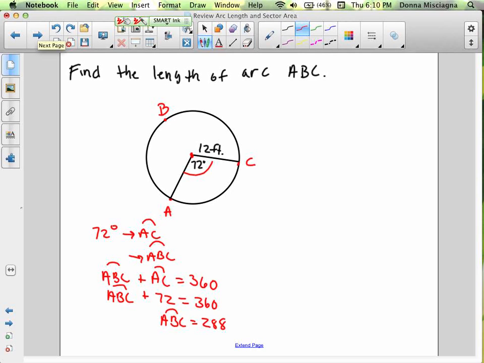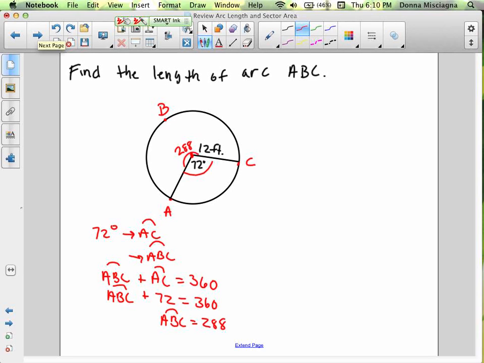Yes. I took away the 60 and then how much more, but for some reason I took it off of the wrong number. So 288. And if we check, if I add 72, that would be 360. So that's correct. So 288 degrees is our central angle right here.